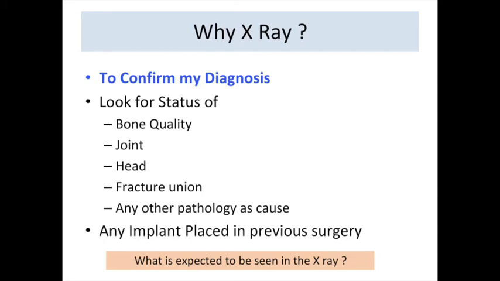The clear answer is to confirm my diagnosis. Anything else? Yes. Look for the status of bone quality, the joint, the head, the status of the fracture union, any other underlying pathology as a cause, and any implant placed due to previous surgery.